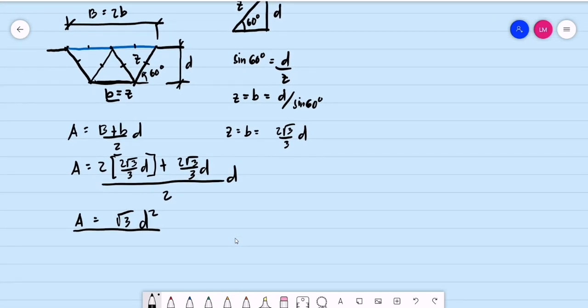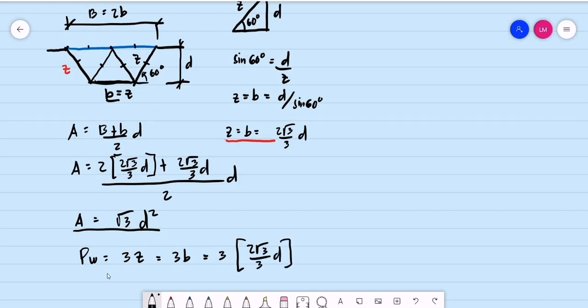So the wetted perimeter, as you can see, since we have the value of Z equal to the value of B, and that is equal to 2 square root of 3 over 3, the wetted perimeter is the same as 3 times Z, or the same as 3 times B. So the wetted perimeter is 3 times the value of B or Z, which is 2 square root of 3 divided by 3 of the depth.